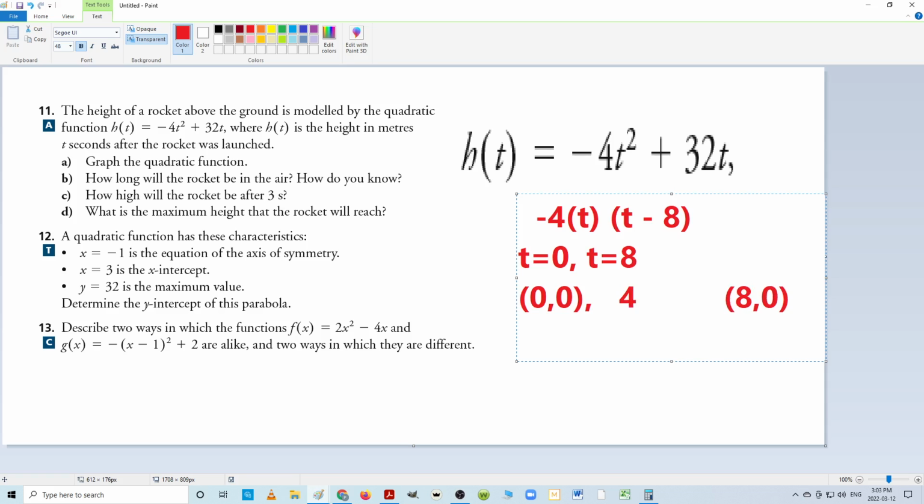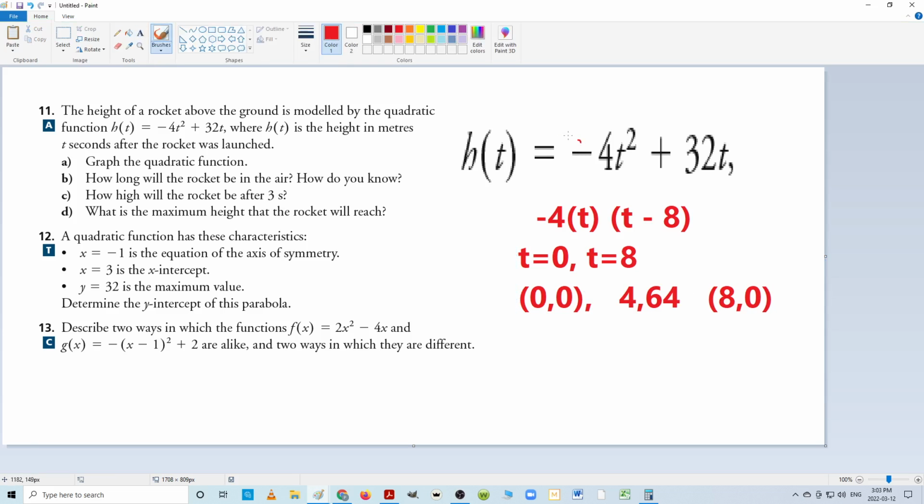And when I put 4 into the equation, I get -4 times 16, which is -64... so plus 16 times 4, 32, 64. So you're going to discover the peak of this rocket is right there. So you can see by factoring it, I got all the information. The rocket took off at (0, 0), reached a peak at (4, 64), and hit the ground at (8, 0).